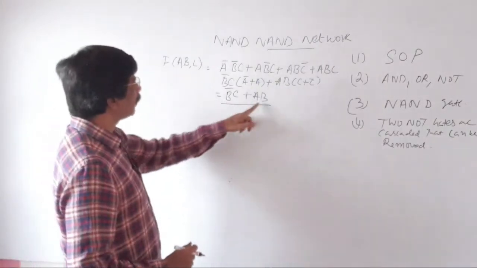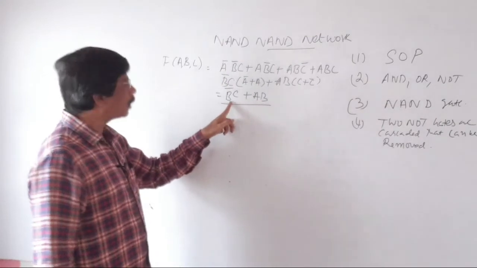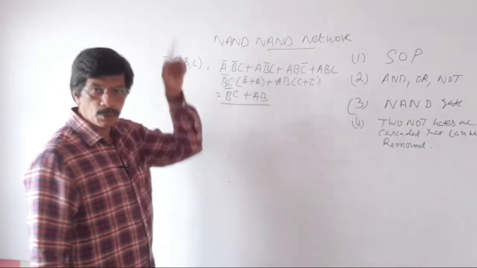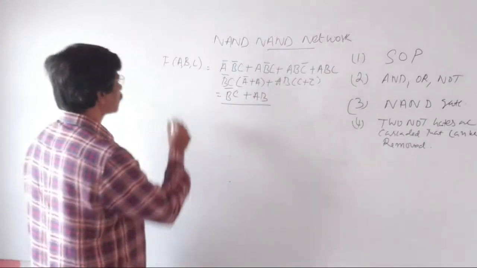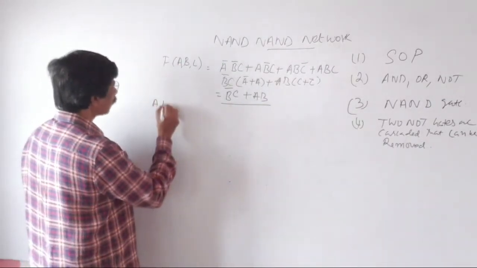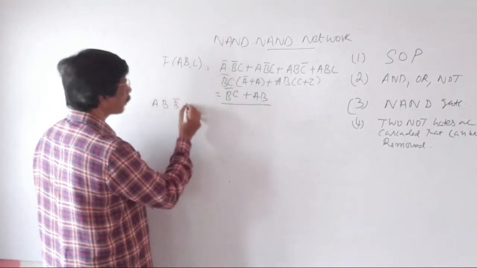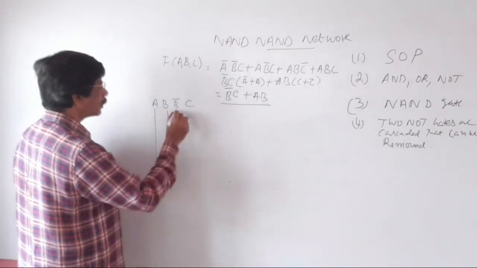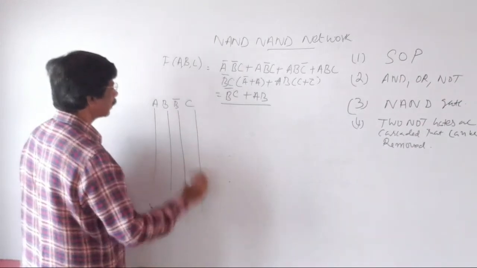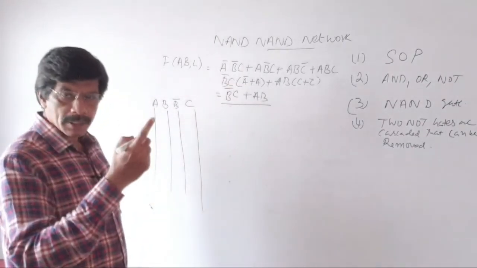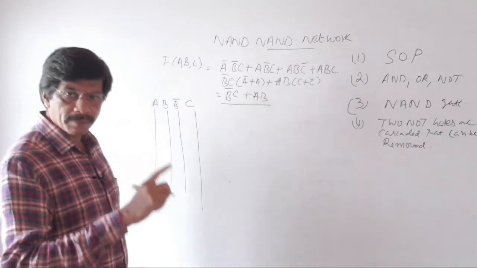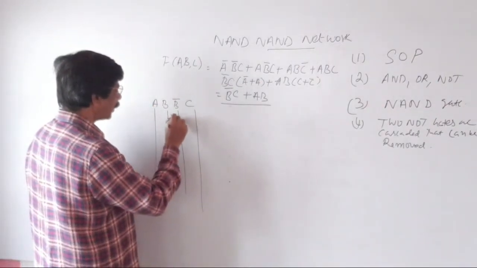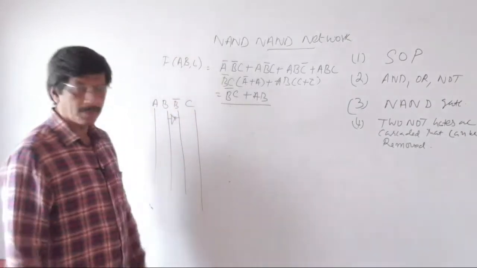Here, because of the three variables, you draw three lines with one complement, so you draw four input lines: A, B, B bar and C. B bar line is obtained by putting one NOT gate between B and B bar. So insert one NOT gate, automatically it becomes B bar.